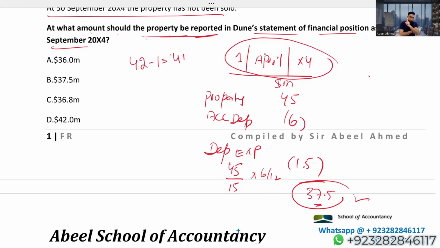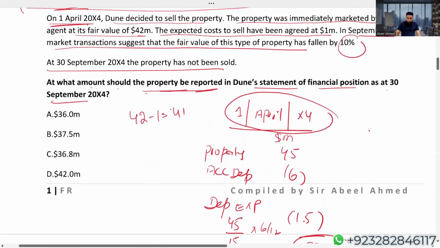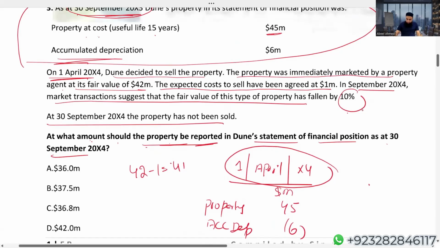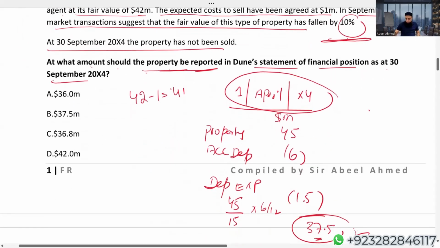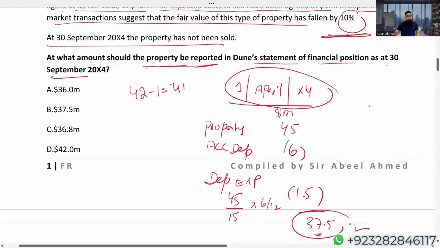Plus, the examiner has mentioned one more event which happened at the end of the year. The examiner says the fair value of the property has fallen by 10%. Now listen to me carefully. After applying IFRS 5, we have to measure the property, plant and equipment at the lower of carrying amount and fair value minus cost to sell. At 1st April X4, the property is at 37.5.